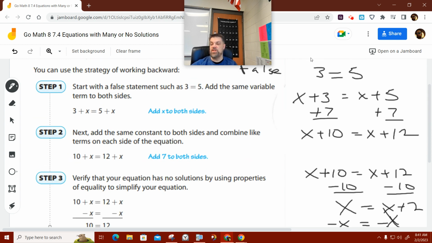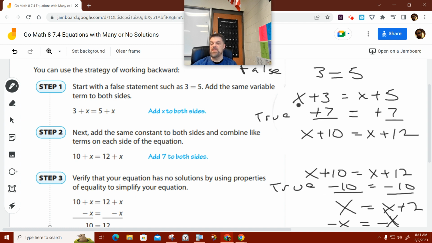We started off with this, which was false, and then we did a bunch of true stuff. Because I added 7 to both sides, in other words, positive 7 is equal to positive 7, that's a true statement. Negative 10 is equal to negative 10, that's a true statement.